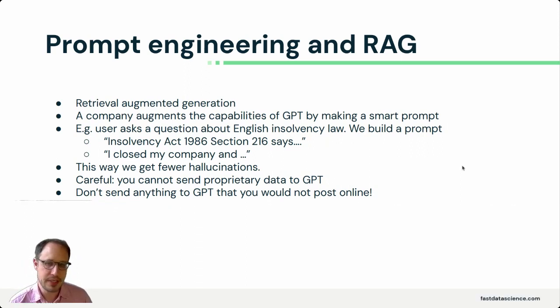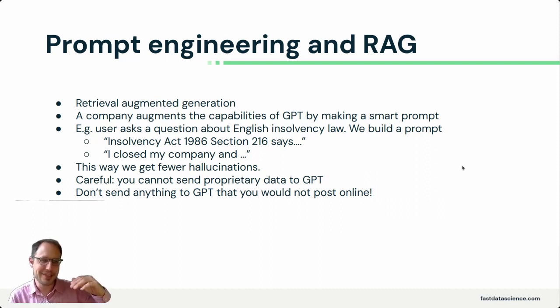If you are working with generative AI, there is a really cool solution to some of the issues around hallucination. There is prompt engineering, and there's RAG, or retrieval augmented generation. In this case, the scenario is a company has a database of very, very domain-specific information. So imagine you want to make a question-answer bot around English and Welsh insolvency law.